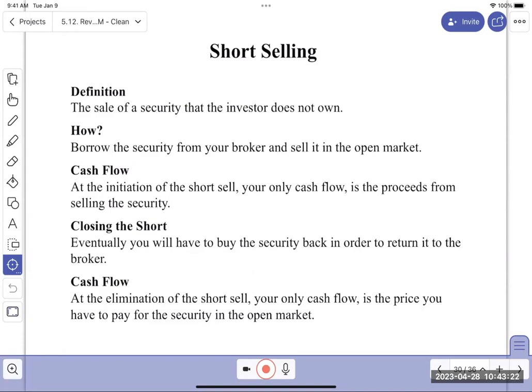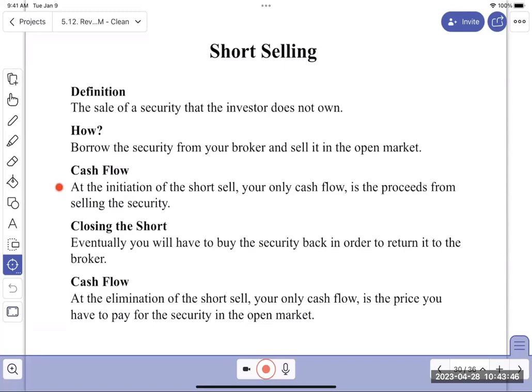So what about doing this with T-bills? Let's just review short selling. The definition is the sale of a security that the investor does not own. How is it done? It's borrowed from a broker and then sold in the open market. What cash flows do we see?